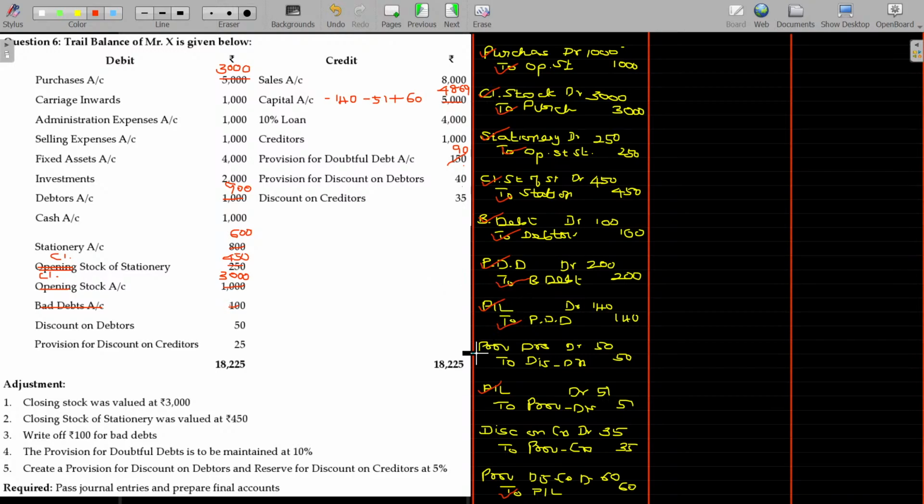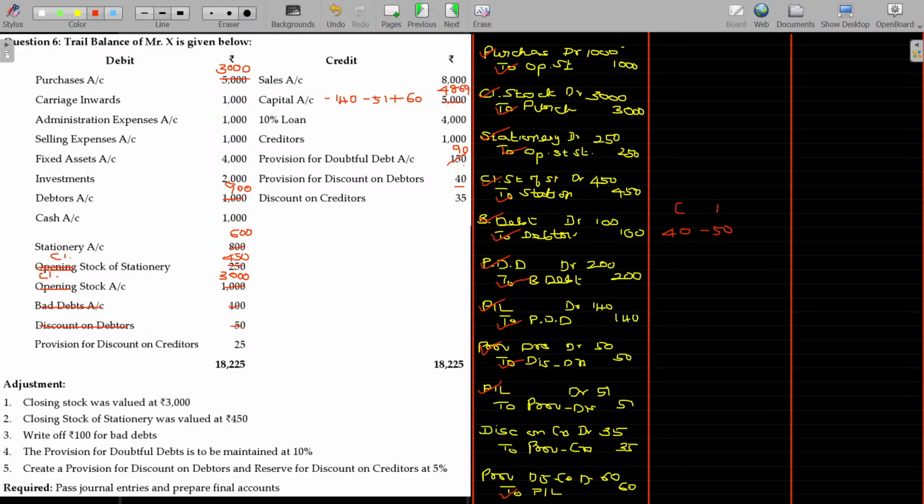Okay. Now, discount on debtors 50 rupees. Already we have discount on debtors 50 rupees in the debit. Because of crediting, it gets eliminated. And provision for discount on debtors is there. Provision for discount on debtors, originally 40 rupees in the credit side. And because of this provision for debtors debit, we have to subtract, right?